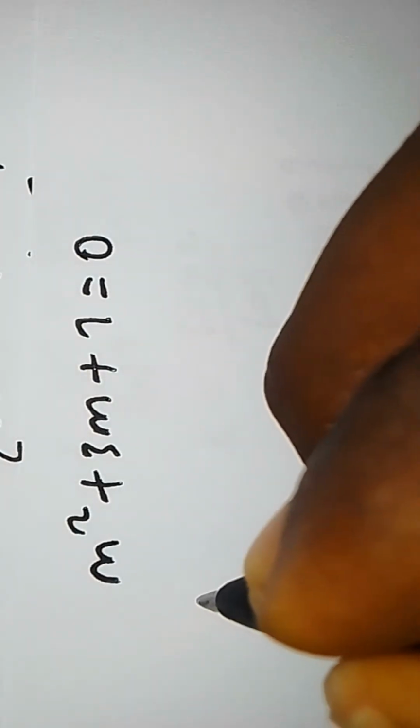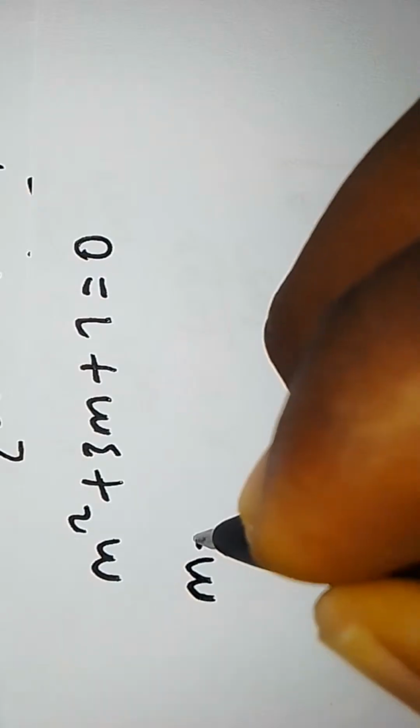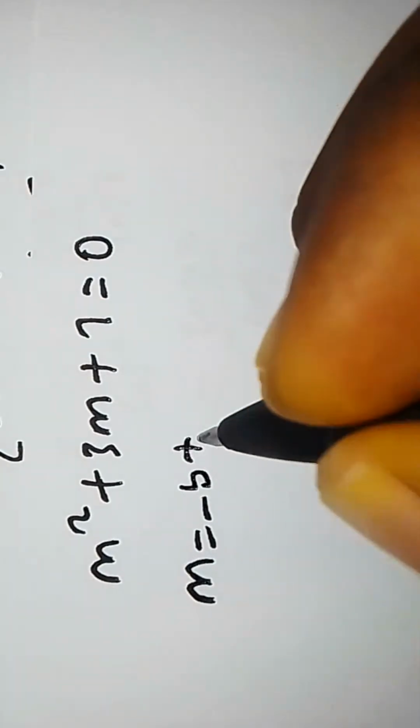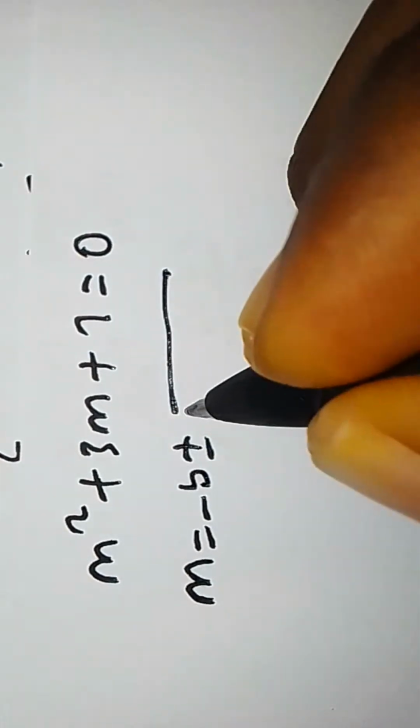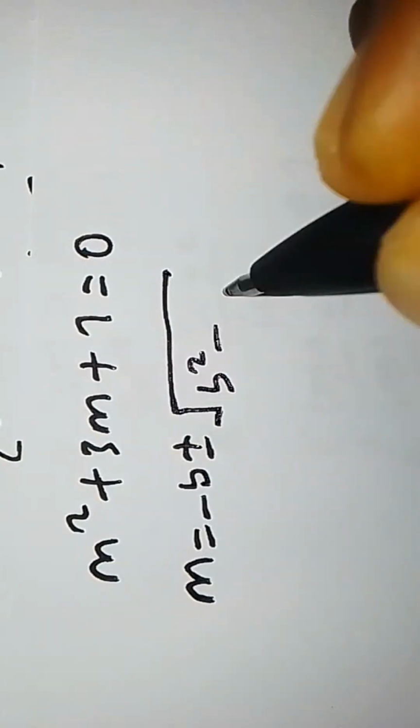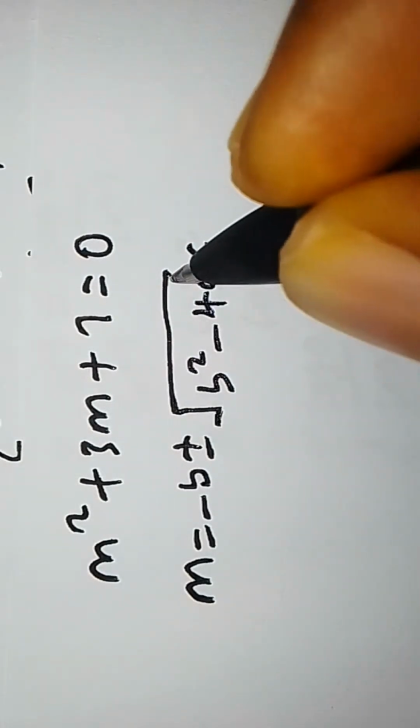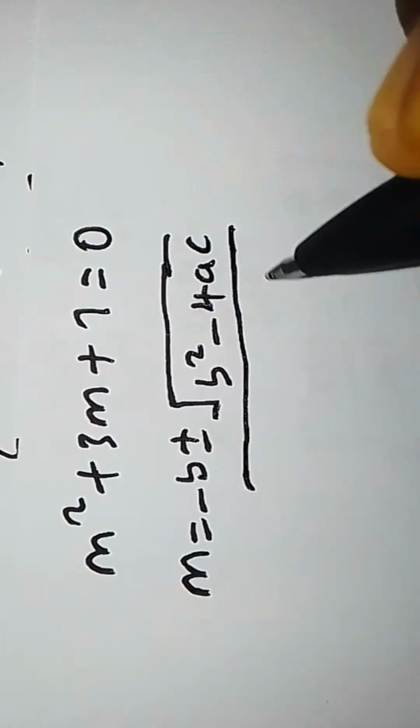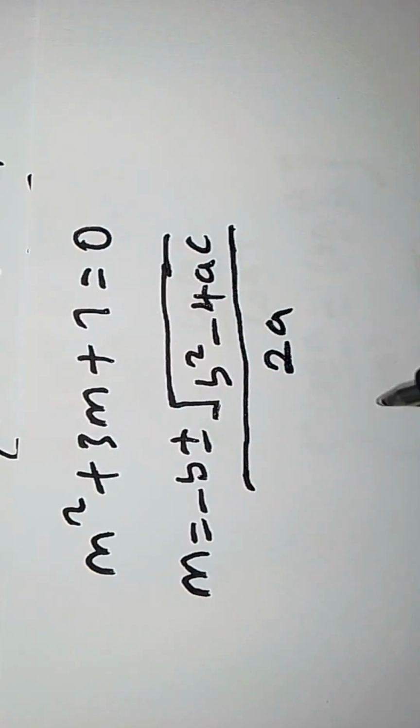You will see that we can actually solve this quadratic equation using the quadratic formula. And the quadratic formula says m is equal to minus b plus or minus square root of b squared minus 4 times a times c, divided by 2a.